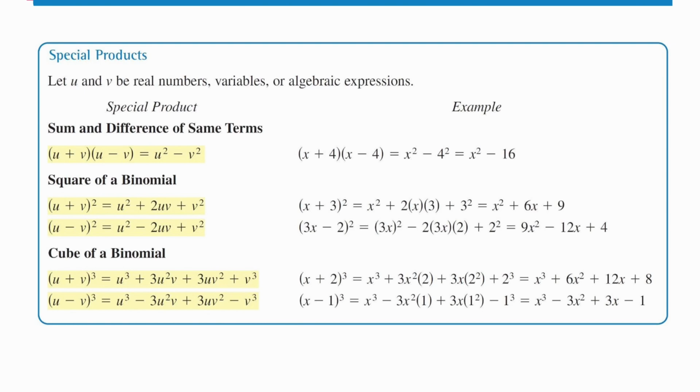And so the positive UV and the negative UV cancel out. So you're left with U squared minus V squared: the product of the first terms and the product of the last terms, since the O and the I, the middle terms, cancel each other out.